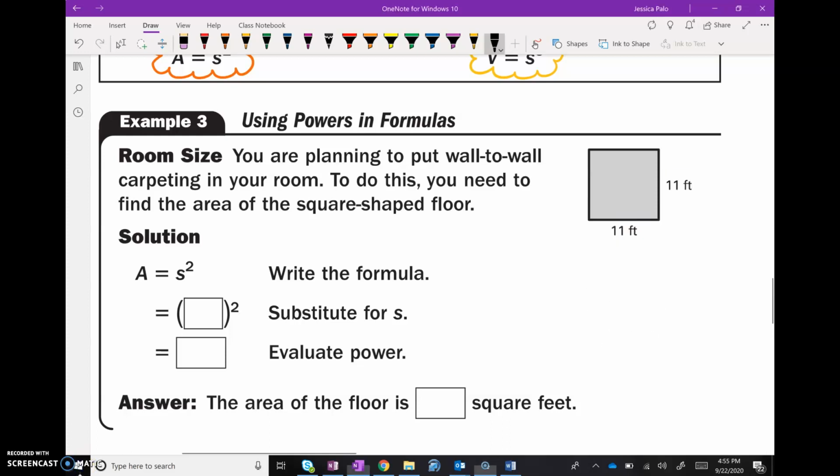Now we know that the formula for area is length times width. But we can change that formula when our length and our width are the same number.